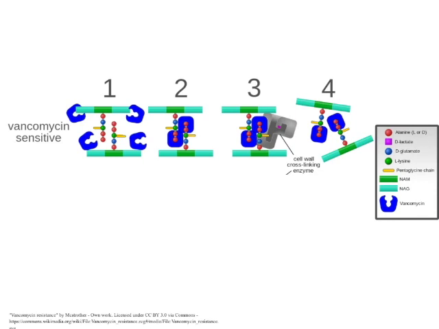The way vancomycin works is different from both our penicillins and cephalosporins and from bacitracin. In this instance, our vancomycin, which is the blue claw-shaped kind of things here, is going to bind to those amino acid chains. So the chains that would normally have cross bridges formed between them to link our layers of NAG and NAM, vancomycin binds to the end of those chains.